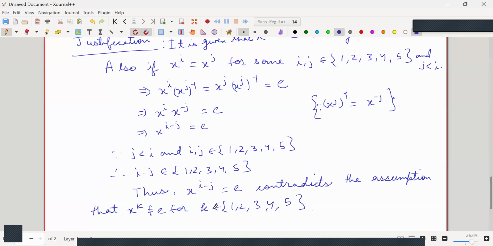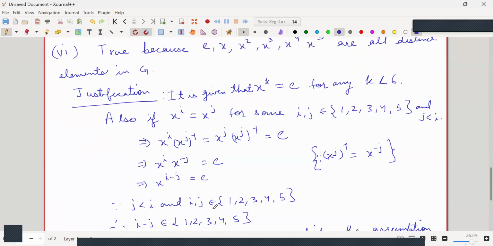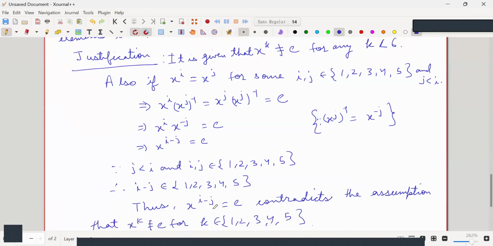There it was written that k less than 6, which is the same as saying k in 1 to 5. Here I can simply say, assume, if possible, just changing some language.